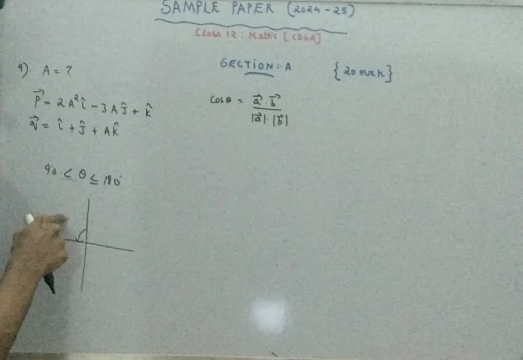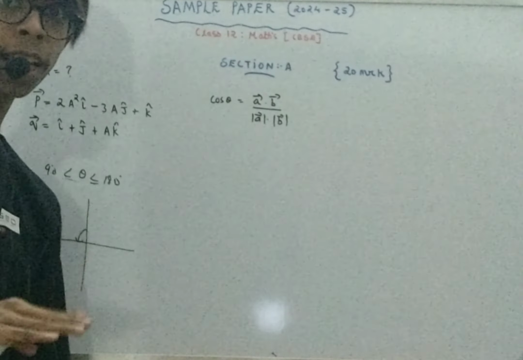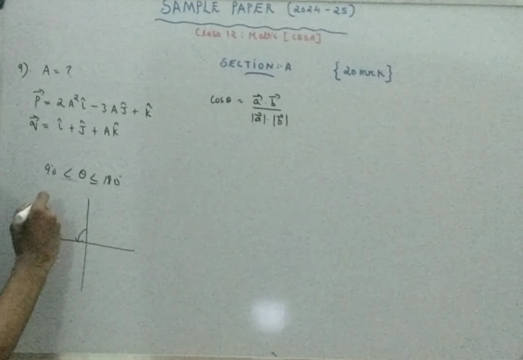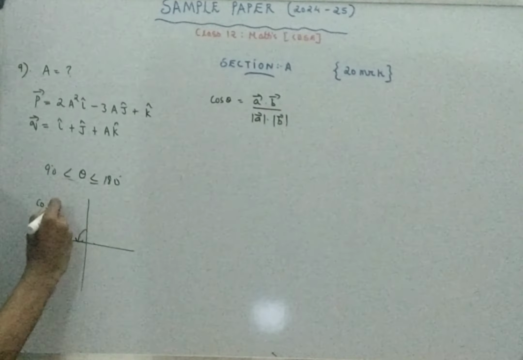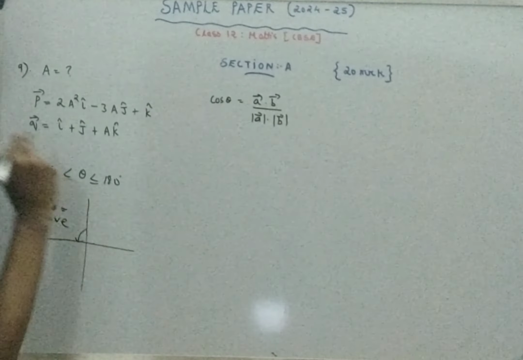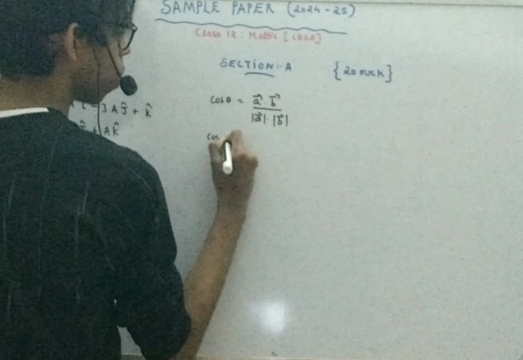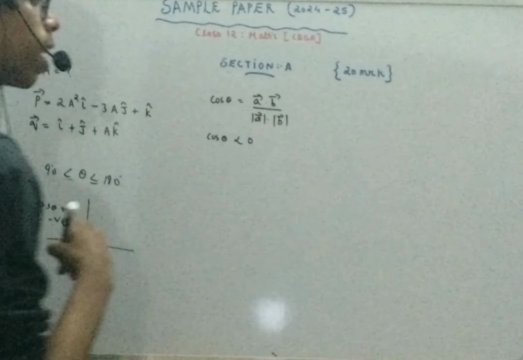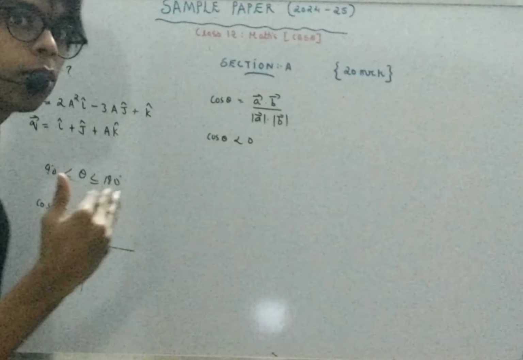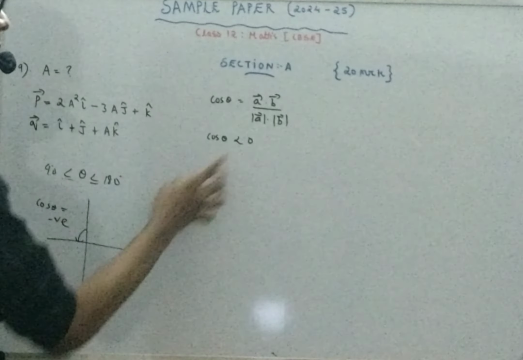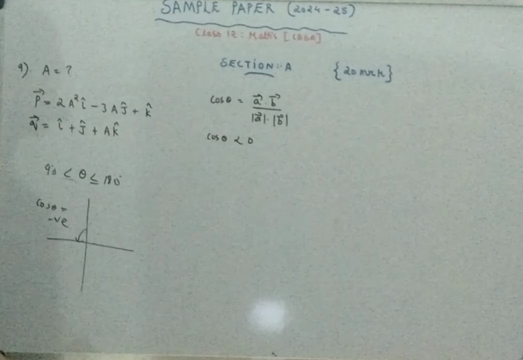We know that in the second quadrant only sine is positive. But here it is cos, which means that in the second quadrant cos theta is negative. So from here we can say that cos theta is less than 0, isn't it? Negative means definitely it will be less than 0. So I can write cos theta is less than 0.